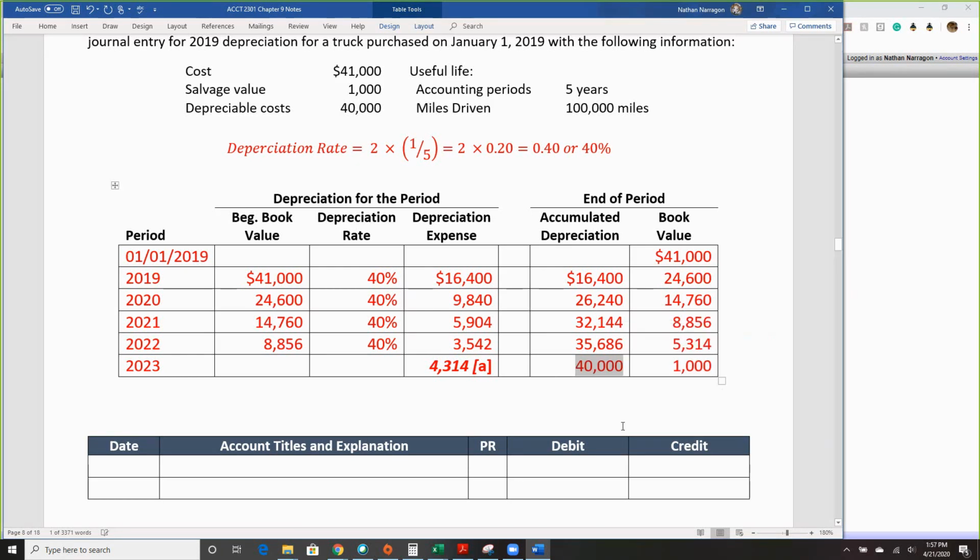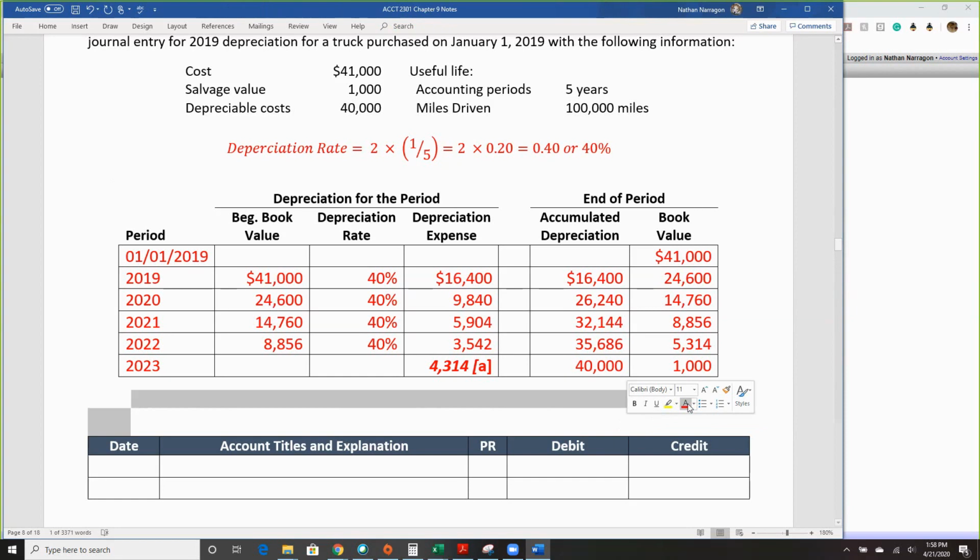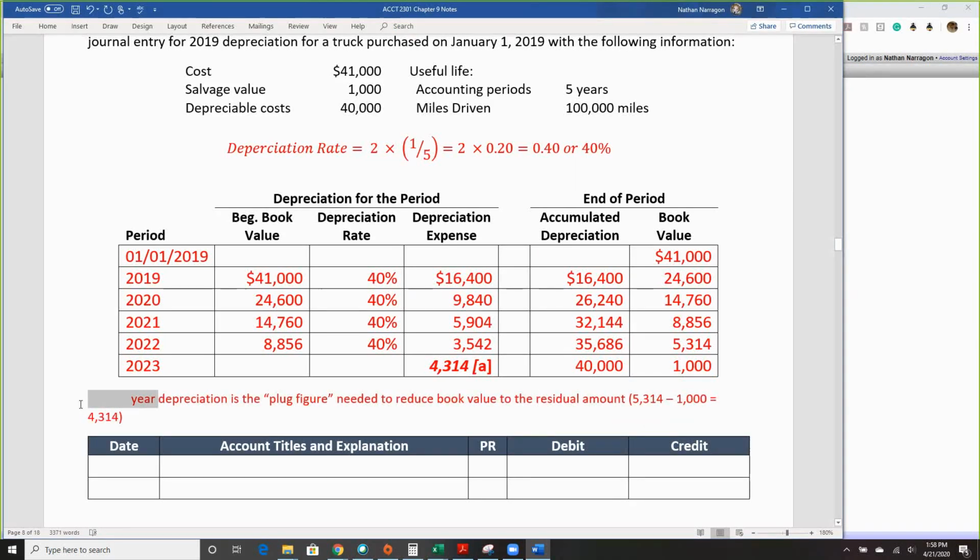So we must reach $1,000. We must reach salvage. Okay? So you have to watch out for that. You cannot repeat the steps in the last year, not in 2023. The last year typically becomes what is known as a plug figure. Whatever we need to do to get to basically salvage value.